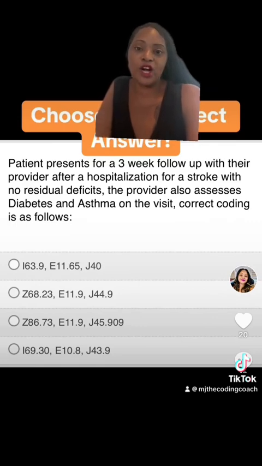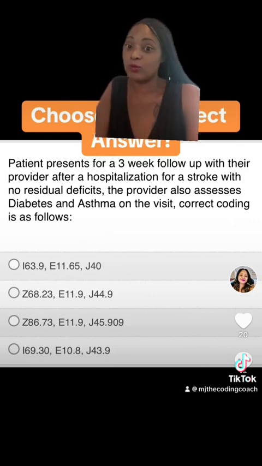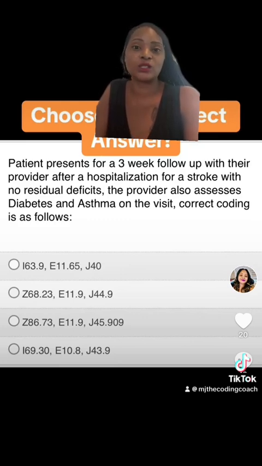So we know from our coding guidelines that in this question the type of diabetes was not specified. It didn't tell us whether it was type 1 or type 2. So we automatically know to choose type 2, because our coding guideline says that if the documentation does not specify the type, we're going to choose type 2.